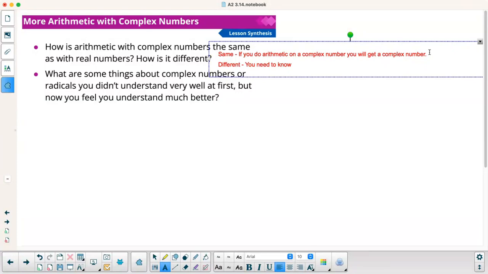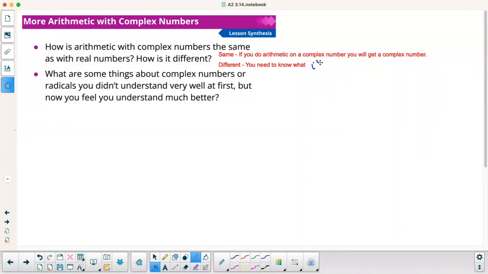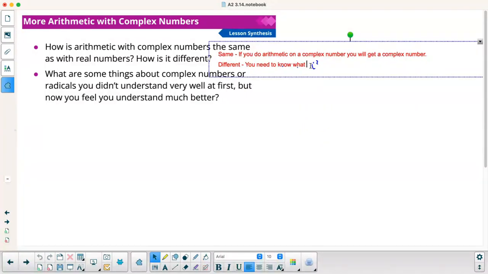What else is different? You need to know what i squared is. Because if you don't know what i squared is, you kind of get to a dead end, because you can't have powers of i greater than 1.